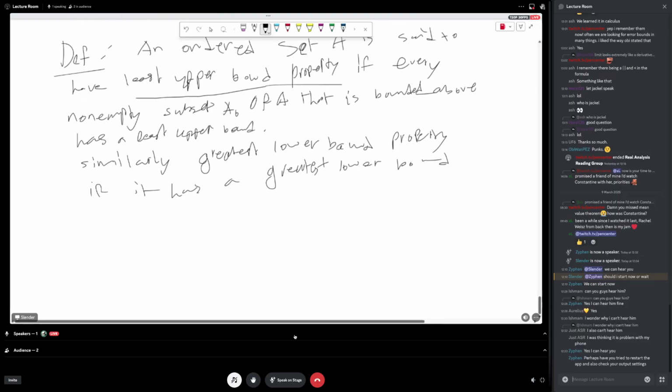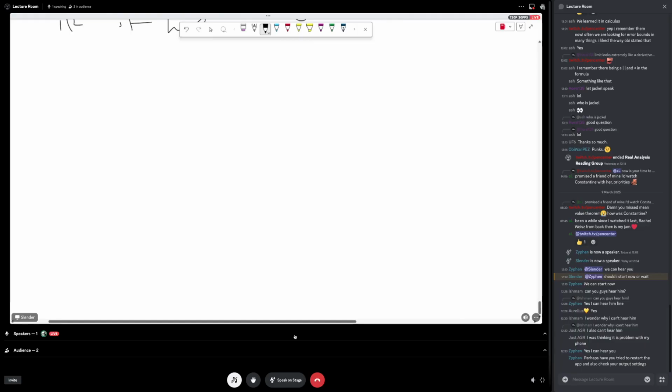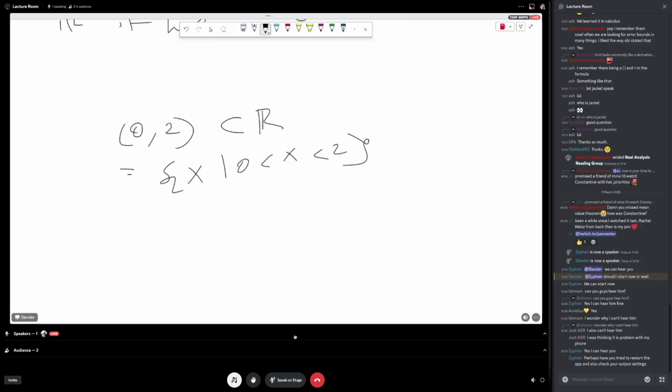An example of this is the open interval 0 to 2, which is a subset of the real numbers, equal to the set of all numbers between 0 and 2. We denote the least upper bound by writing LUB of 0 to 2, or sup of 0 to 2, which means the supremum.